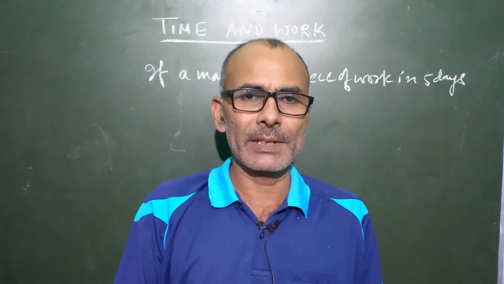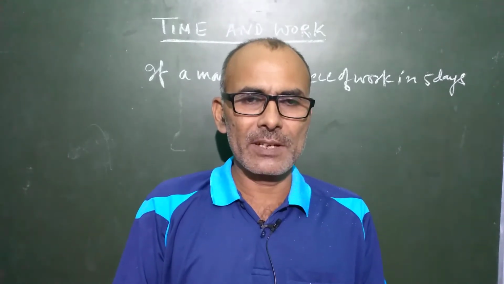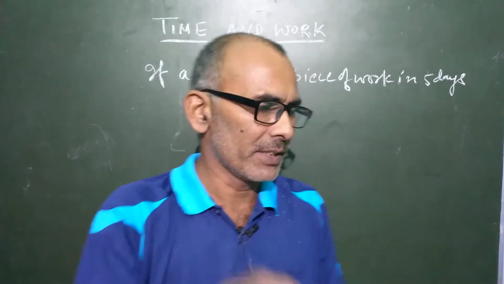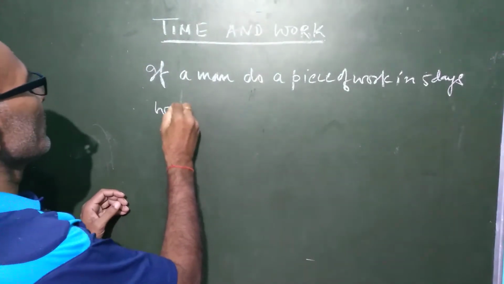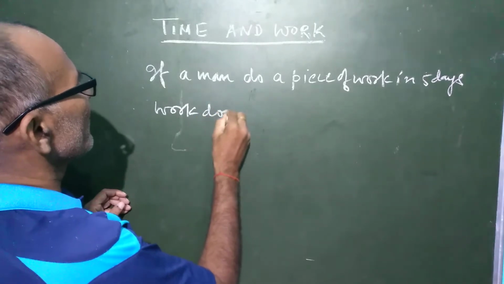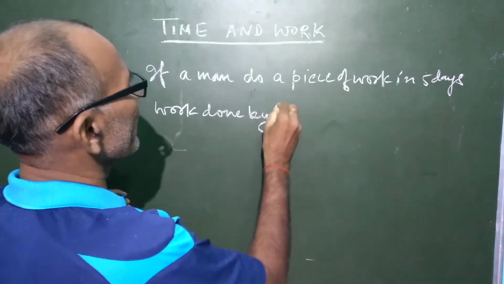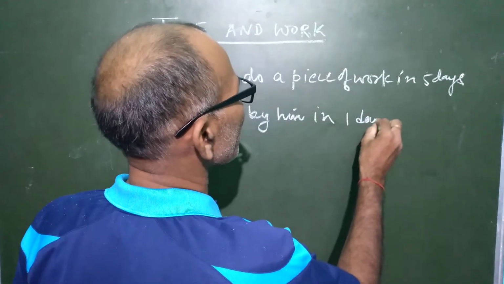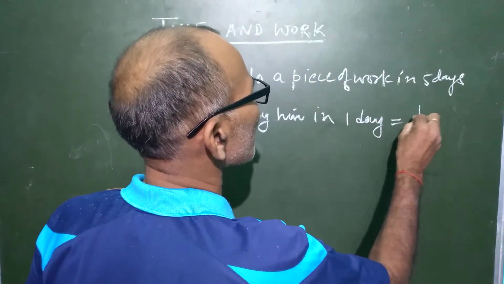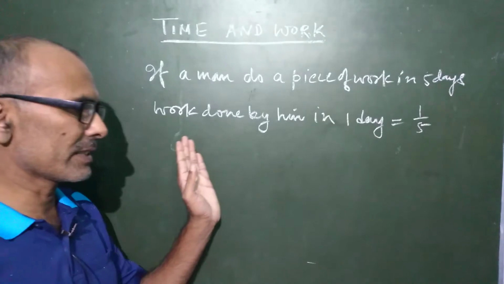This is the statement. With the help of this, we will try to understand something. Then the work done by him in 1 day will be equal to 1 by 5. Try to understand.